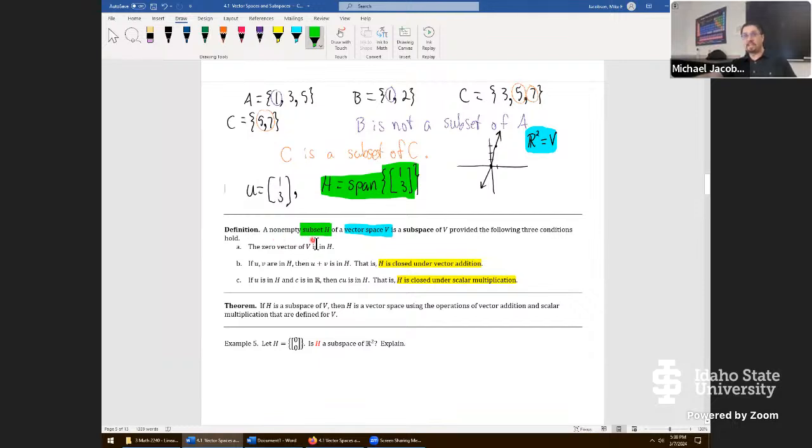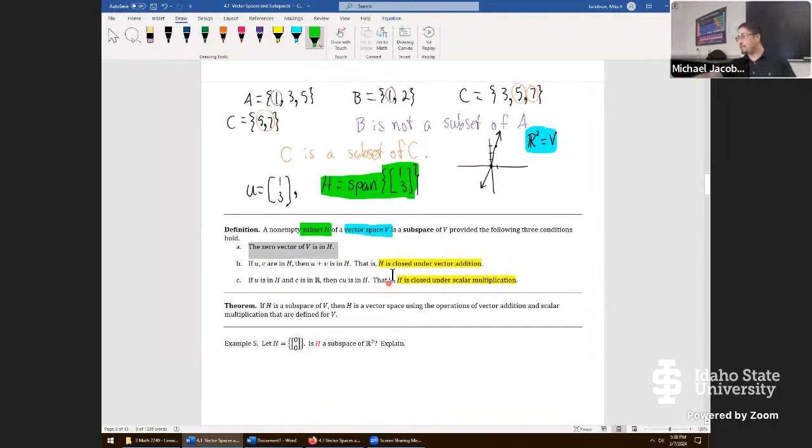A non-empty subset H of a vector space V will be called a subspace of V, provided we meet 3 different conditions. Now, this one's kind of redundant, but it's really important. It helps us resolve why we don't necessarily focus on the non-empty part of the set H, because we know that we're looking for the 0 vector to belong inside of it in the first place.